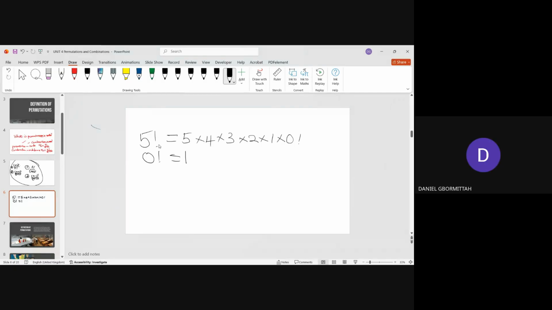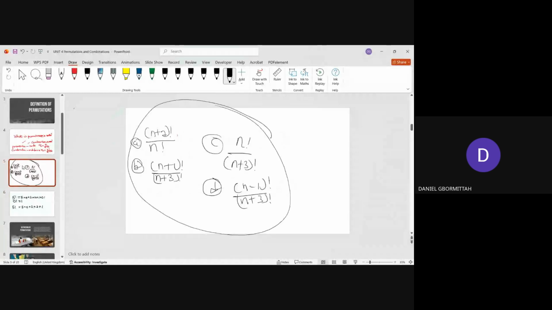So that's why usually we don't bring the times 0 factorial. So we just say 5 factorial is equal to 5 times 4 times 3 times 2 times 1, because 0 factorial is the same as 1. Okay. So the same principle is what we are supposed to use in doing these simplifications.